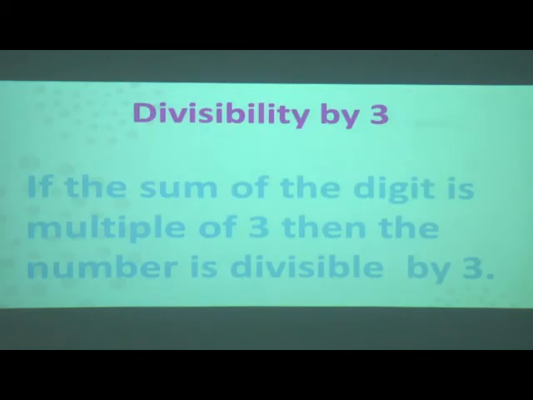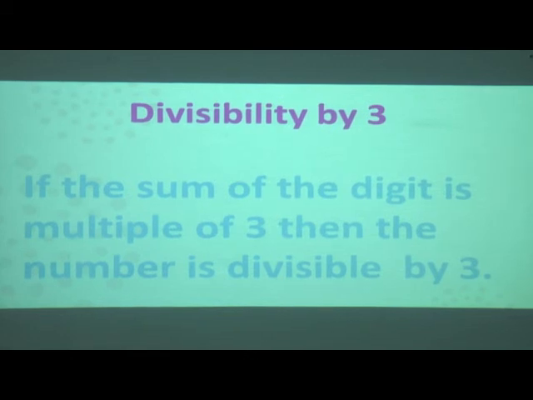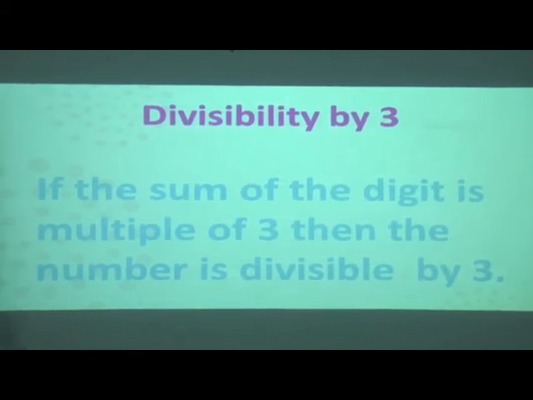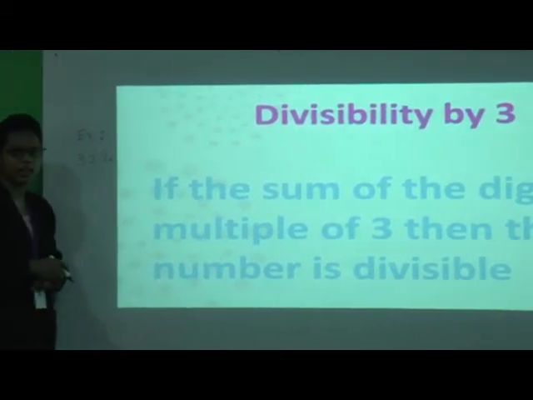Divisibility by 3. If the sum of the digits is multiple of 3, then the number is divisible by 3. For example, let us take the number 324.